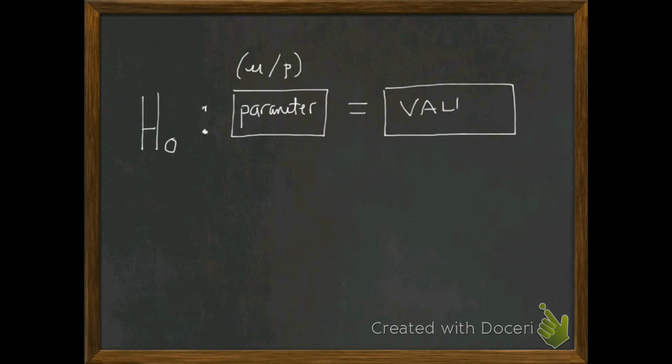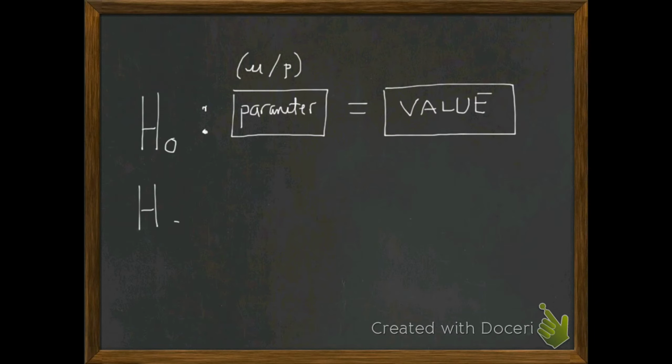And in the second box, it will be the value that the claim has been made about. For example, in the previous video, we said someone makes a claim that the average wait time at Tim Hortons is 3.2 minutes. In that case, we would put a 3.2 in for the value. The other example I used is that 12% of Ohio State University students are UK fans. In that case, our value would be 0.12.